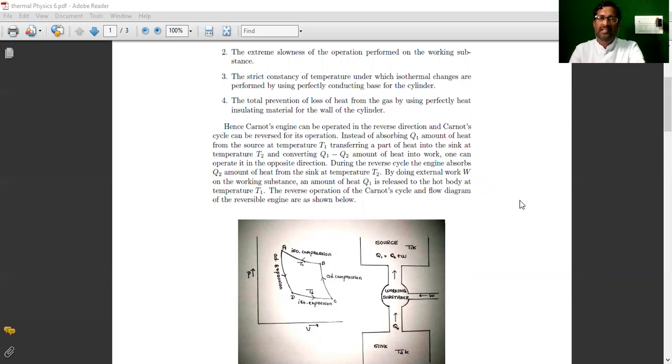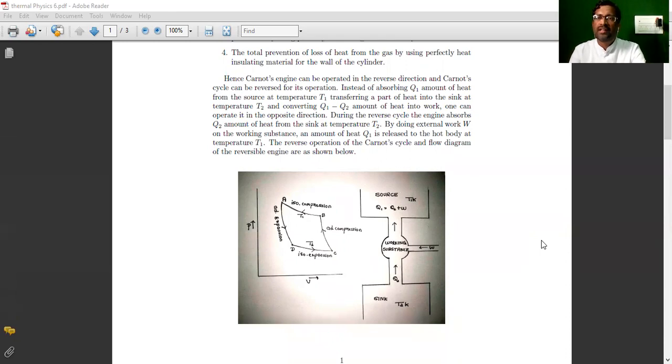Now, in the reverse cycle, the engine absorbs Q2 amount of heat from the sink at temperature T2. By doing external work W on the working substance, an amount of heat Q1 is released to the hot body at temperature T1. So this reverse operation of the Carnot cycle and the flow diagram of the reversible engine is shown in the figure.